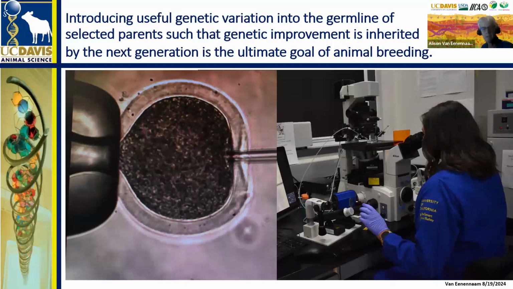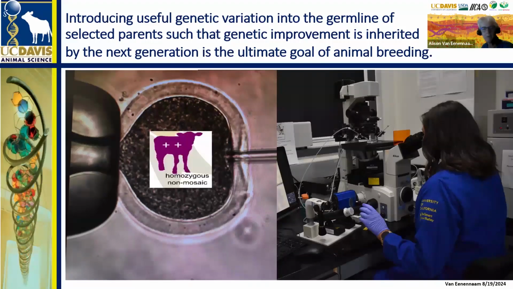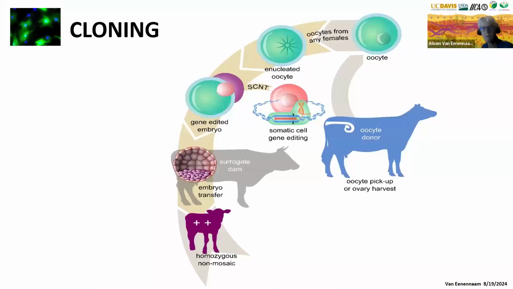Basically what's shown here is a one-cell zygote, just after the sperm has fertilized the egg, so there's one cell in there, and you can introduce your editing reagents into that cell. Ultimately what we want is this animal that has the edit in both alleles, typically. And it can be done in basically two ways when we're talking about mammals.